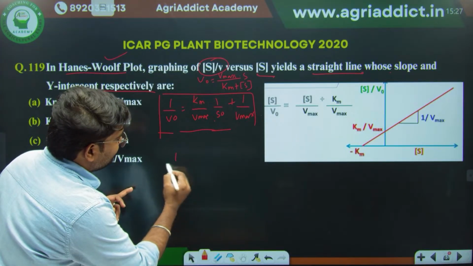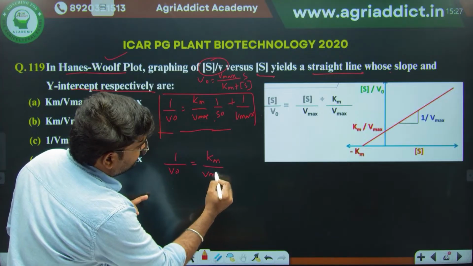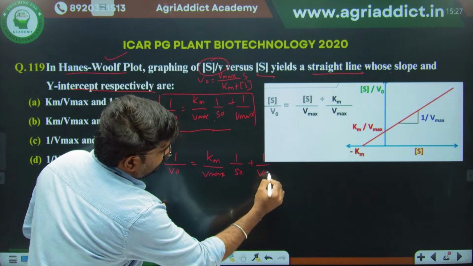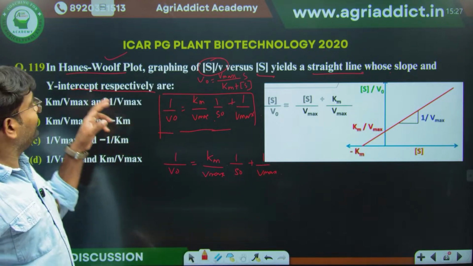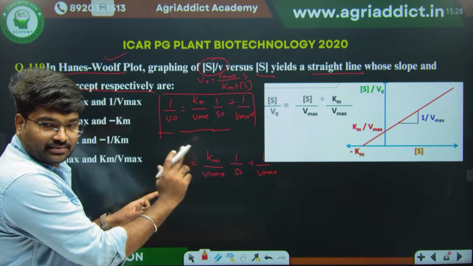We know this is the Lineweaver-Burk plot: 1/V0 = Km/Vmax × 1/S0 + 1/Vmax. In the Hanes-Woolf plot, we have to multiply both sides by the substrate concentration.